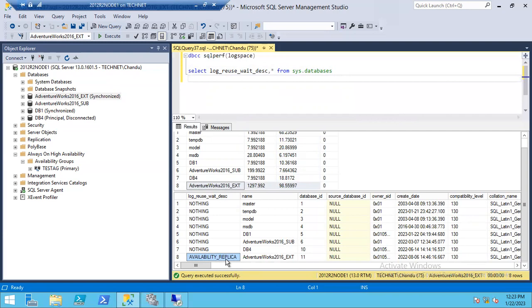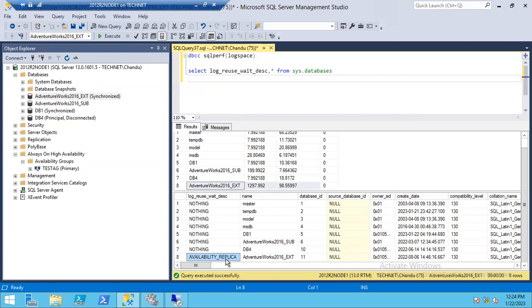In simple terms, the primary has some data, whereas the secondary has not received it, or is not able to receive it, due to some reason. It could be a network issue, a disk issue, or a replica state issue. Whatever the reason, the secondary is not accepting the data generated by the primary.